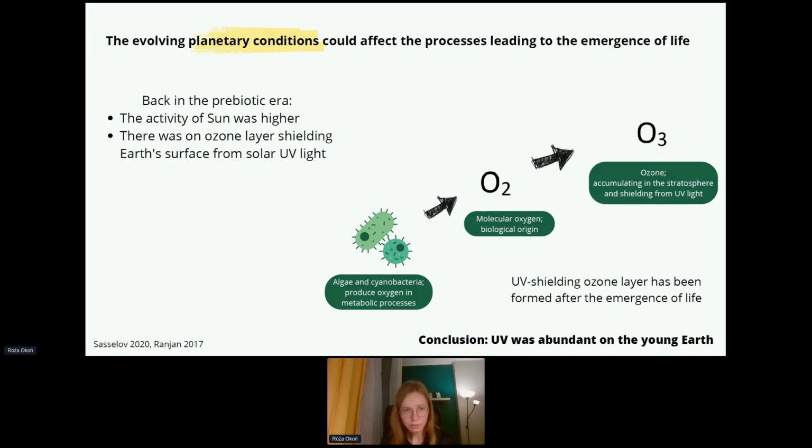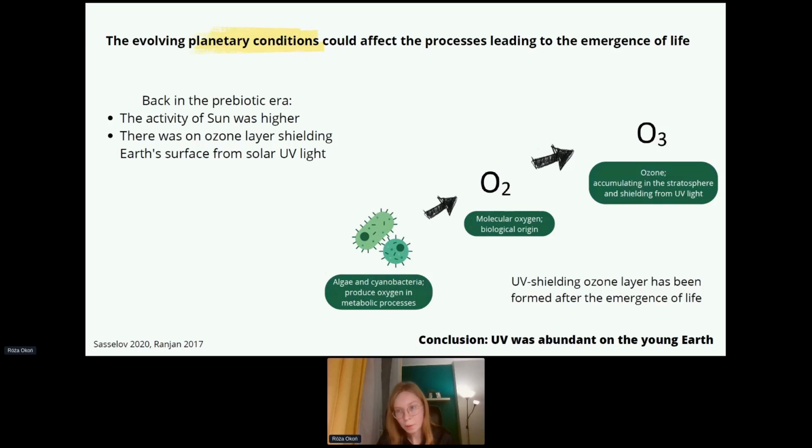And the second factor is the ozone layer, which is a layer of ozone accumulated in the stratosphere, a molecule containing three atoms of oxygen, which today shields out a significant part of ultraviolet radiation from sunlight trying to reach our planet.